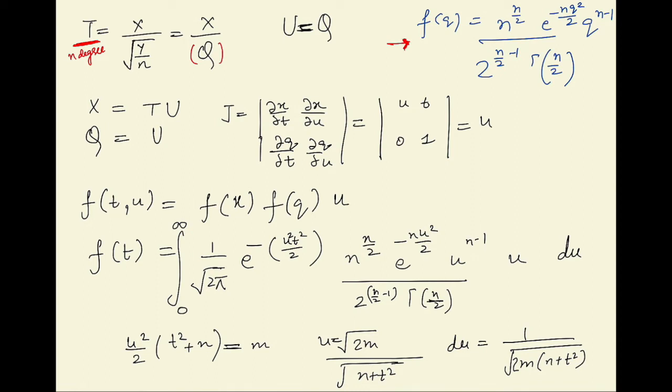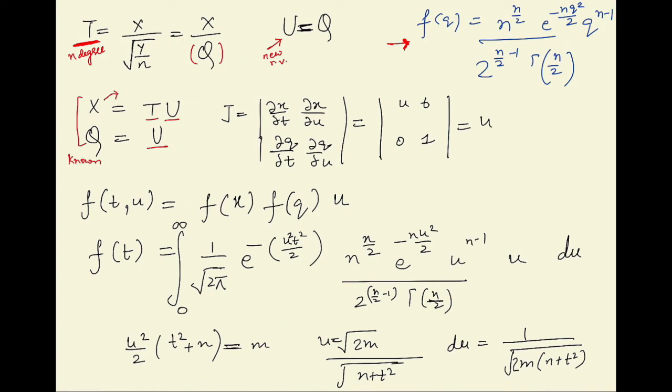And let's say for calculating the distribution of t, we also assume a new random variable u whose distribution is q. So we have two unknown random variables u and t, and we have two known variables x and q. So u and t are unknown variables and x and q are known variables.